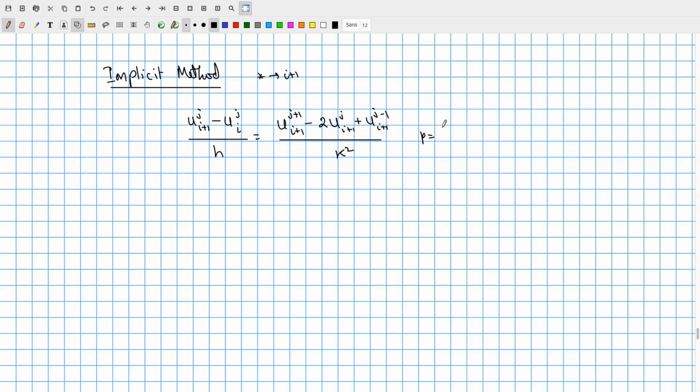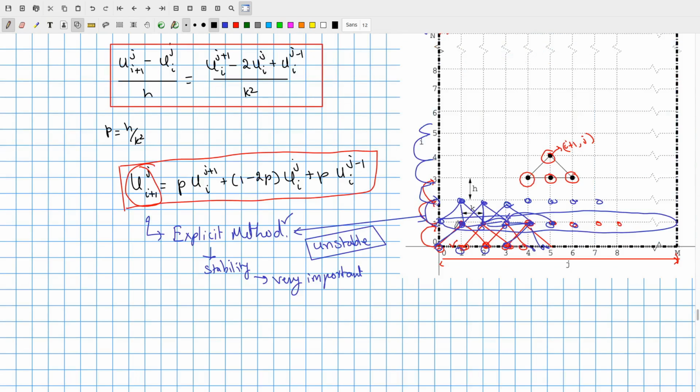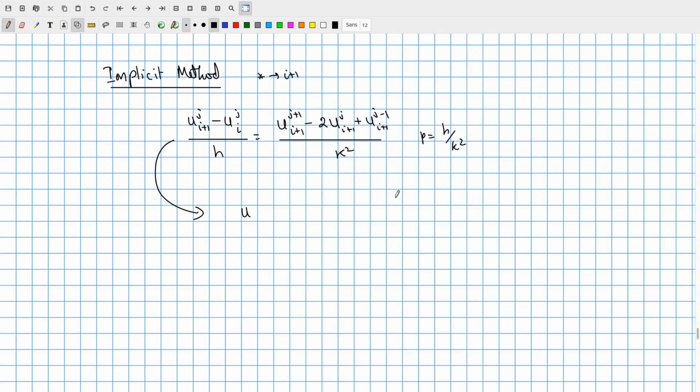Again, if I use p equal to h by k square, this equation will be transformed. If you go back to the plot we saw earlier, the i is a known quantity which starts from the initial value, and i plus 1 is the unknown quantity. So all these i plus 1 terms are unknown, only this one is known. We will take all the unknowns on the left hand side and the known quantities on the right hand side.